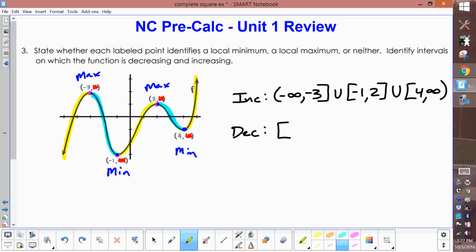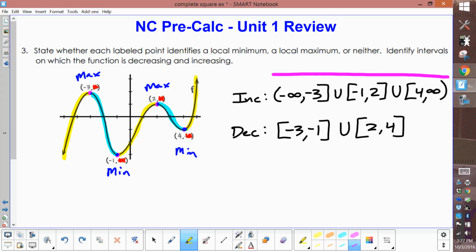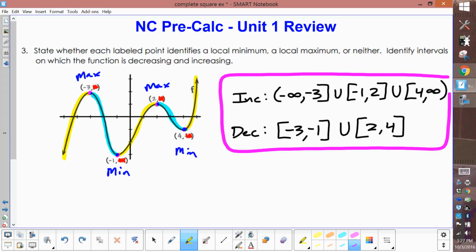It's decreasing at an x value of negative 3 to an x value of negative 1, closed, union. And then it's decreasing from an x value of positive 2 to an x value of positive 4, close brackets on both ends. And this is my final answer for increasing and decreasing with my max and mins.